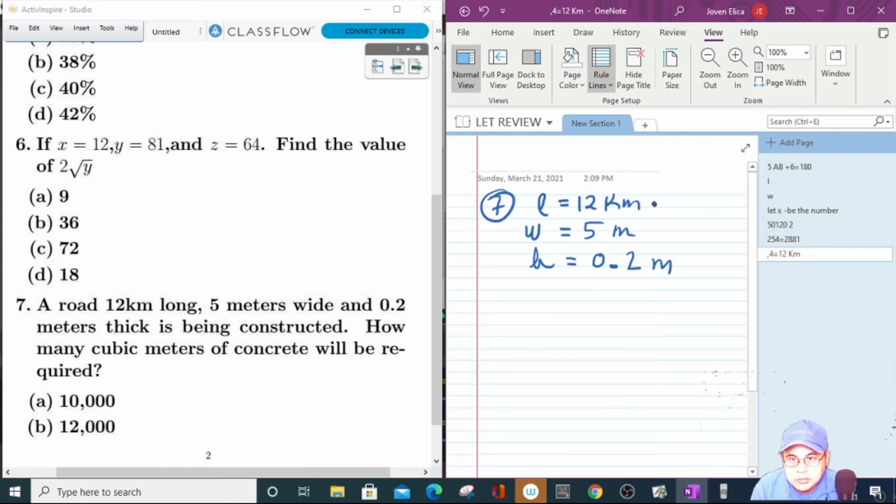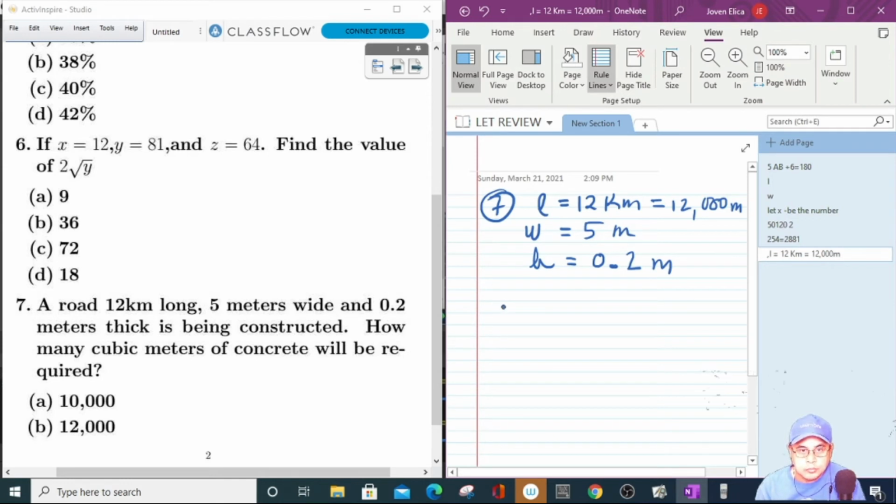Just convert this 12 kilometers to meters to make it all in meters, because the question is how many cubic meters. For every kilometer there are 1,000 meters, so just multiply by 1,000 to make it 12,000 meters. This is actually a rectangle.